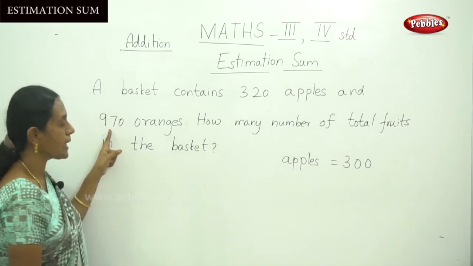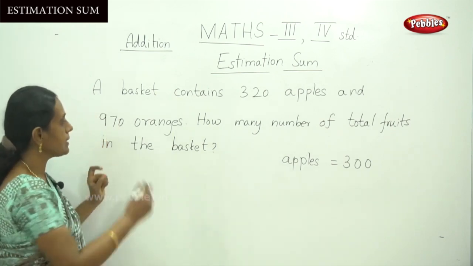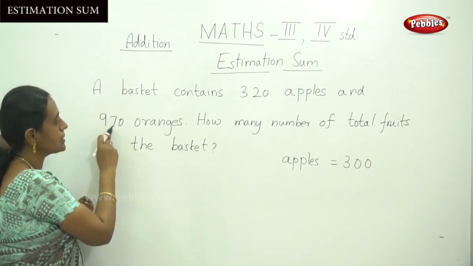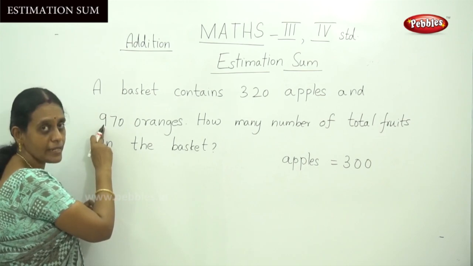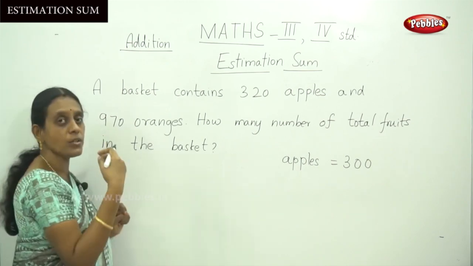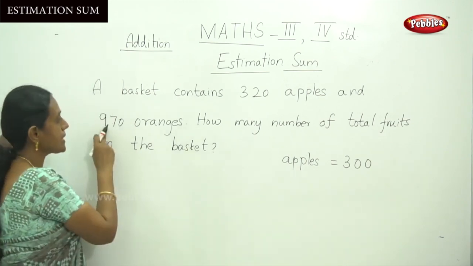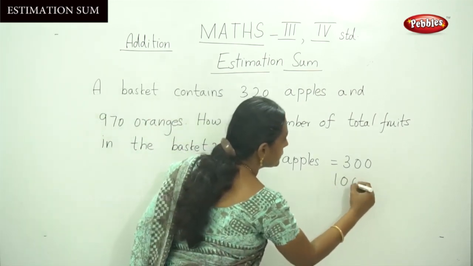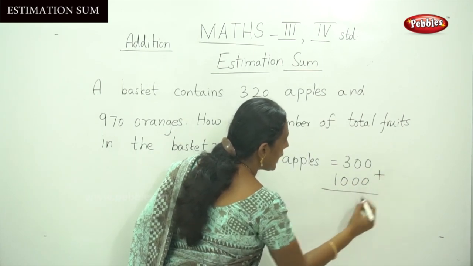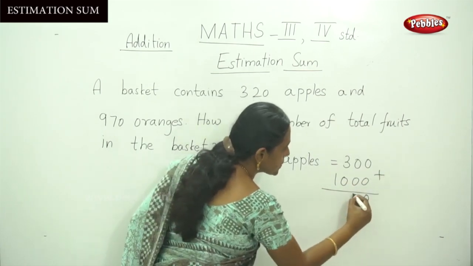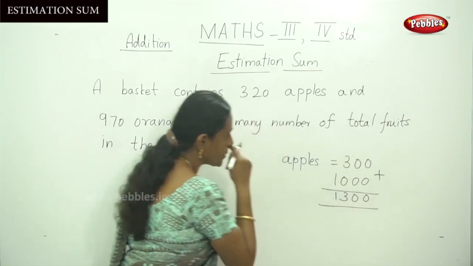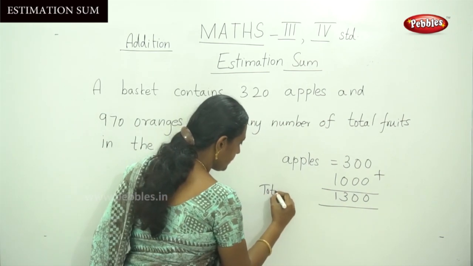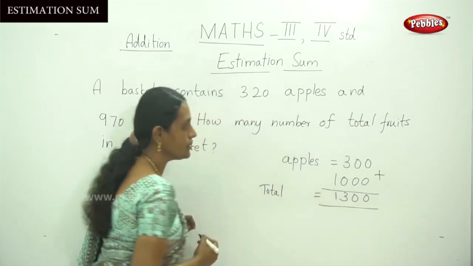And here it is 970. Here that is 70, and rounding off to 900, 7 is more than 5, so the next 100. The next 100 means 1000. By adding this, 300 plus 1000, the total number of fruits is 1300.